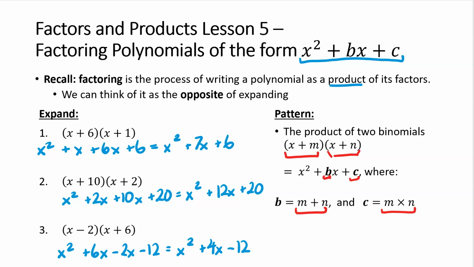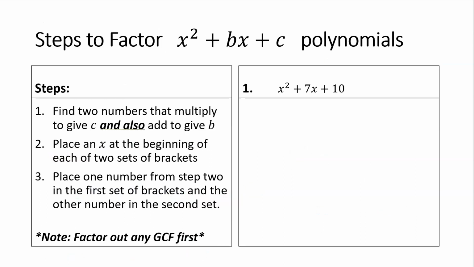Okay, so let's try this out. We're going to factor the polynomials that look like this using the steps on the left there. And the first step is you need to find 2 numbers that multiply to give you the last number, and also those same 2 numbers need to add to give you the middle one.